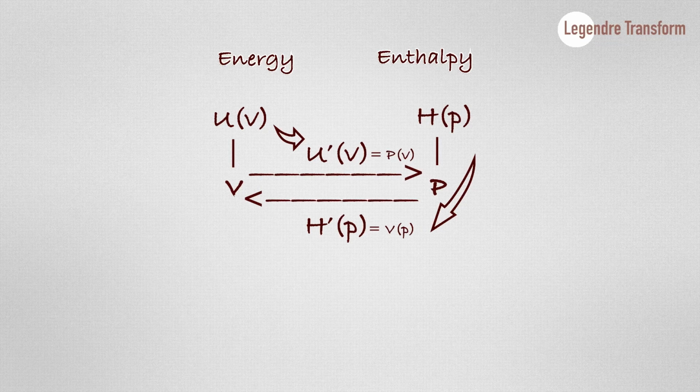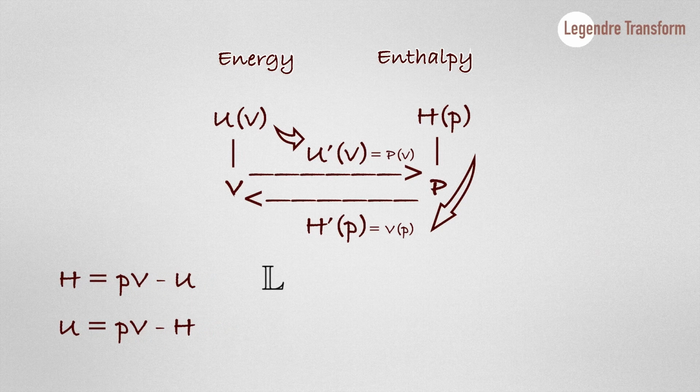And this here is the transformation: H is equal to PV minus U, and U is equal to PV minus H. The second one can be derived exactly how we derived this here, starting from H instead, since everything is symmetric in this whole issue. And so this is what the Legendre transform is.